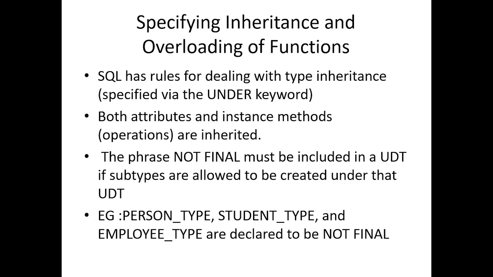Suppose this manager_type inherits all the attributes and methods of employee_type, but has an additional attribute department_managed. In general we can specify the local attributes and any additional specific methods for the subtype, which inherits the attributes and operations of its supertype.